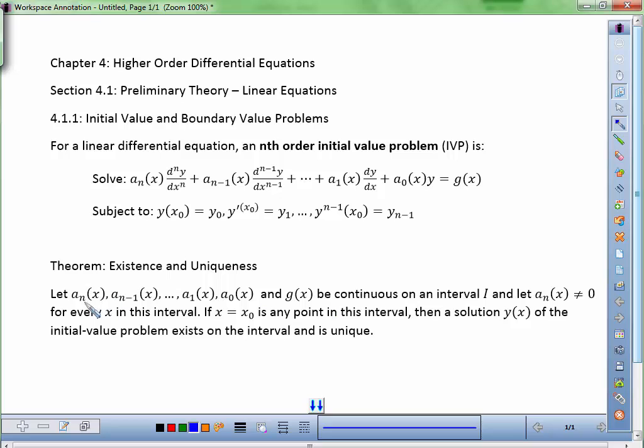The conditions are that each of these functions of x, including the right-hand side function, are all continuous. No zeros in the denominators and negatives under square roots kind of business. The first function is not equal to 0 anywhere in that interval.